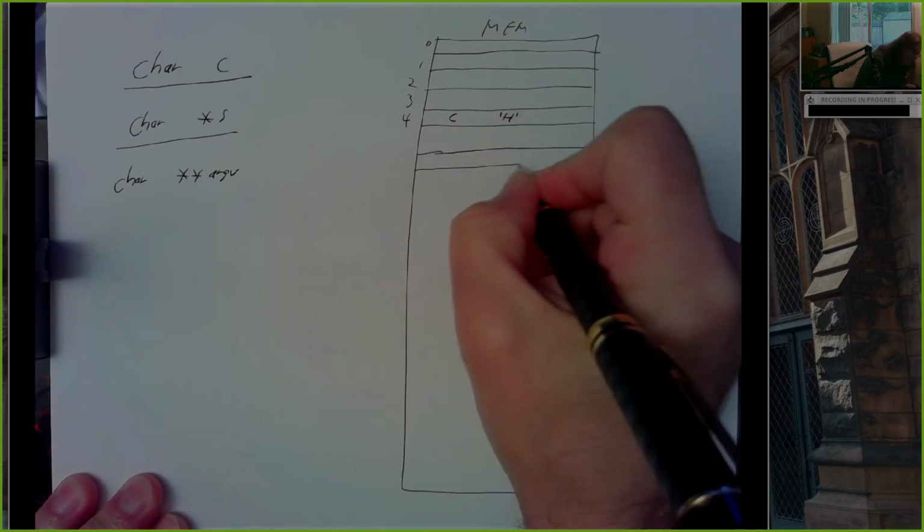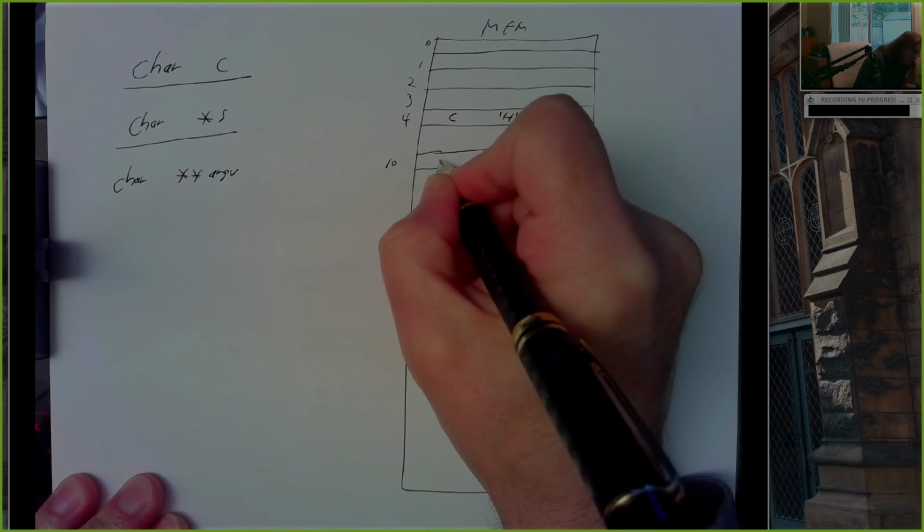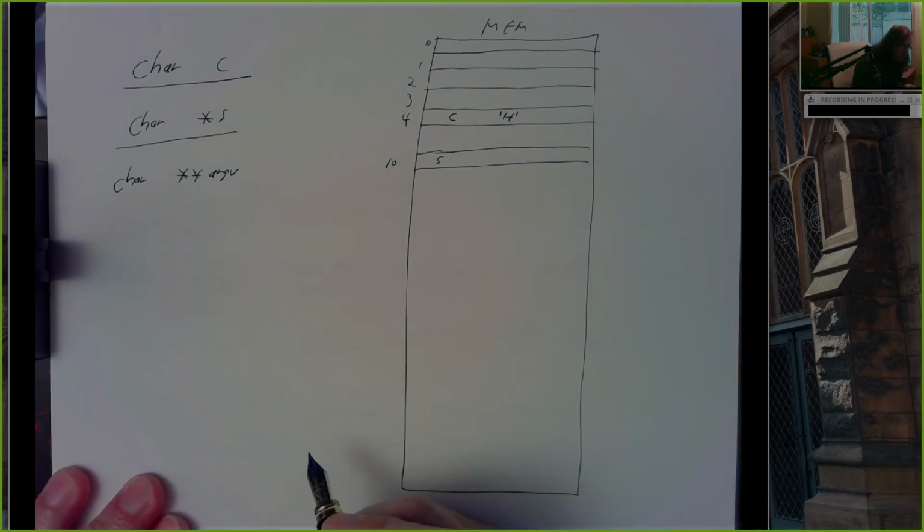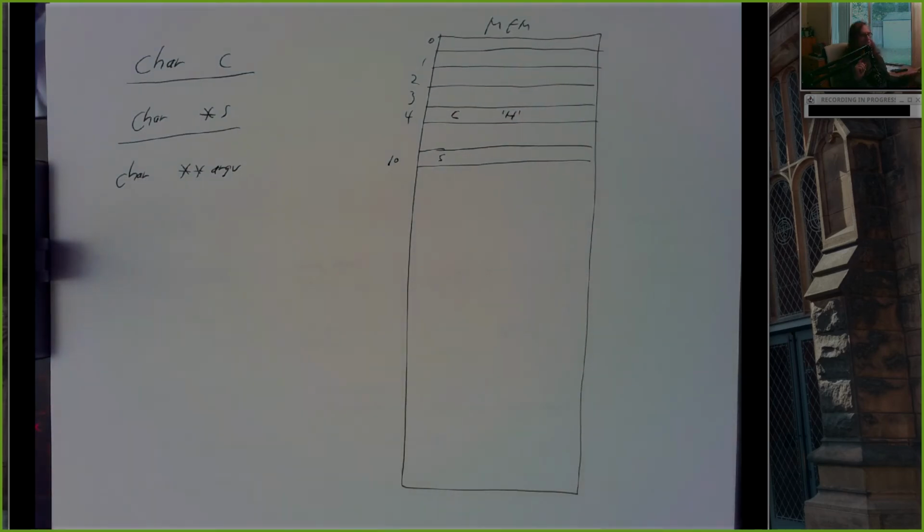So let's say at location 10 it stores S. But what is S? What kind of thing is it? It's not an integer. So what kind of information is stored in S?